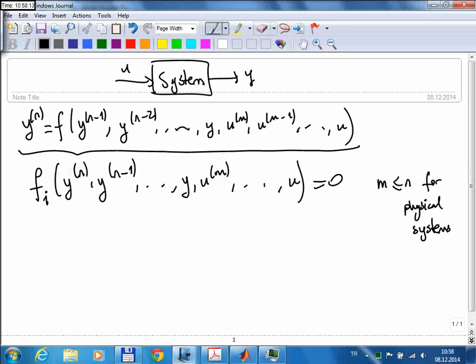Okay, so this is the original differential equation. We express this same equation in terms of n first order differential equations. And to do that, we first need to define these variables. Okay, so we need to define n variables.